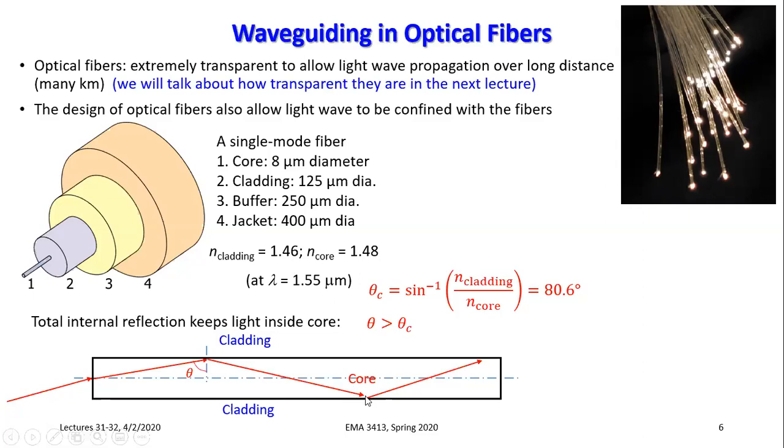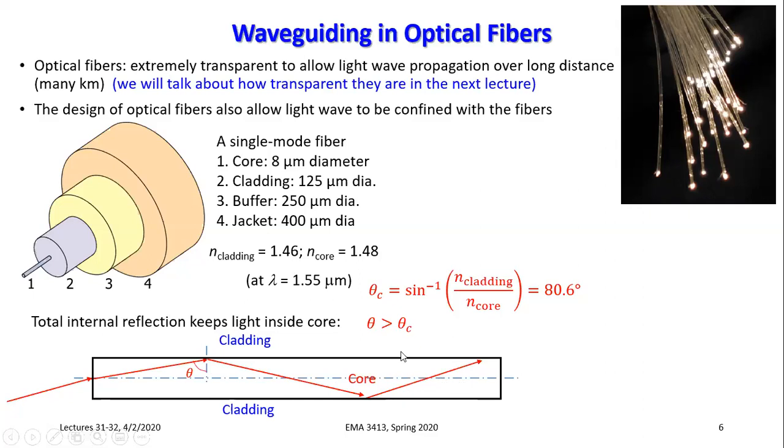And once it's reflected back, it'll get to the other side, and this incident angle will be the same. Then you can still have total internal reflection. With that condition satisfied, the light wave can propagate as long as it can, until it's attenuated because of the remaining scattering or absorption in the material.